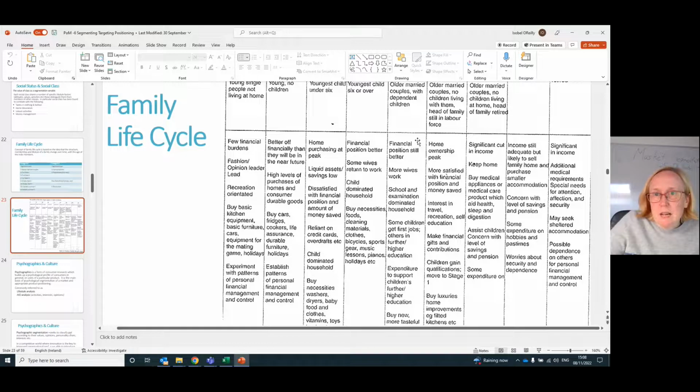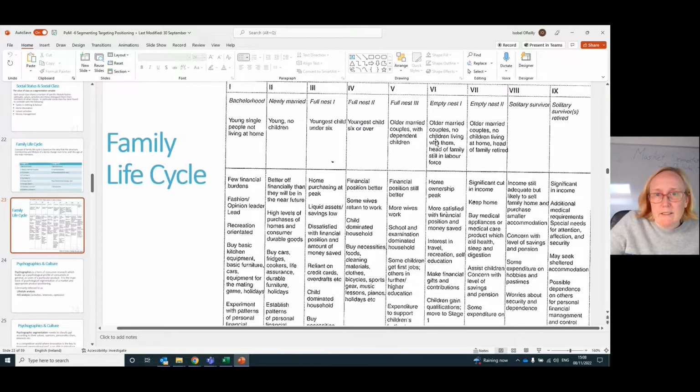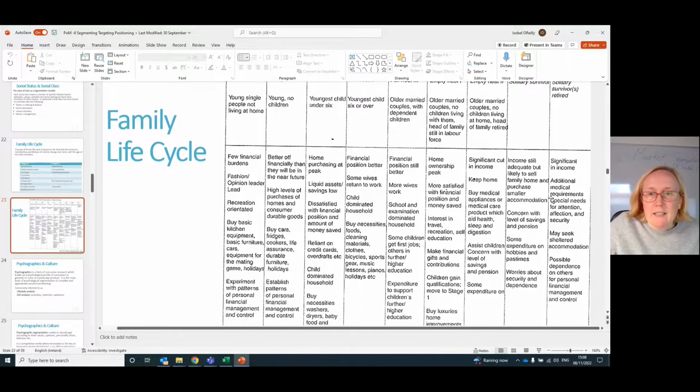Let's skip to the middle where we've got, let's say, full nest 3. So the end stage, they're an older couple than obviously when they started out. They have kids that are probably nearly at the point where they're starting to go to college, or maybe the first ones have left, if there's a lot of kids.